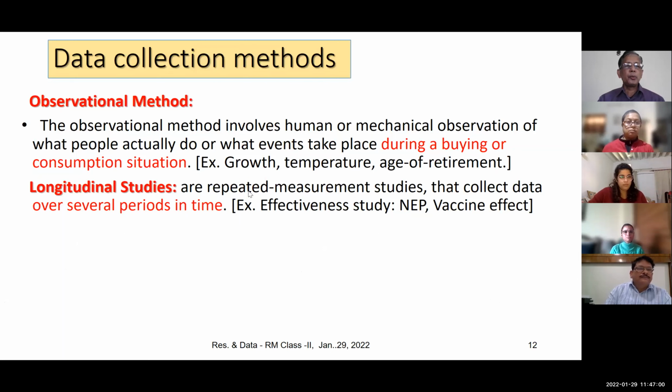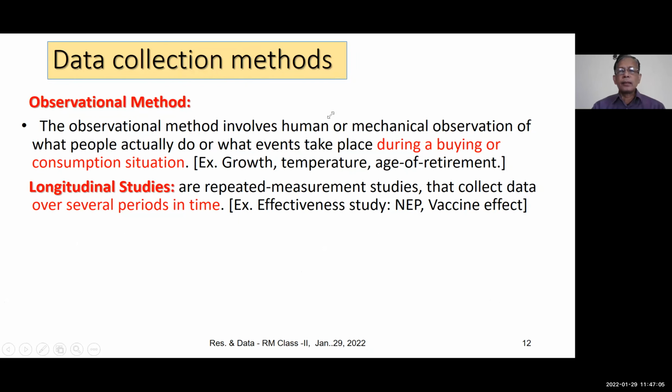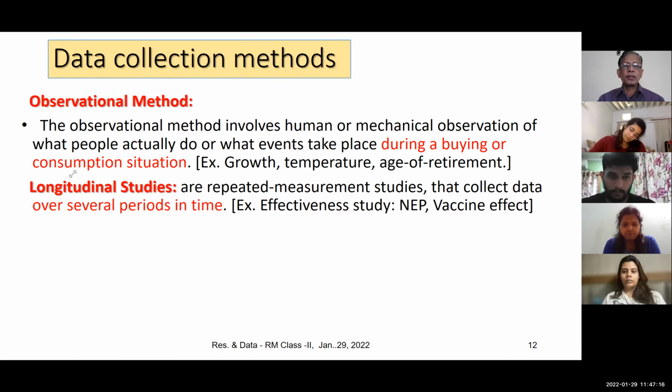Mostly when we collect data, we collect it in the very instant and observe what is happening, or a research may need long-term, continuous observation and continuous measurement.